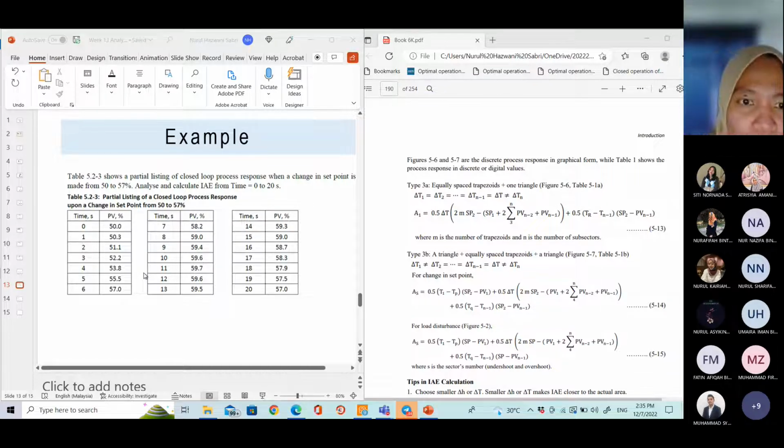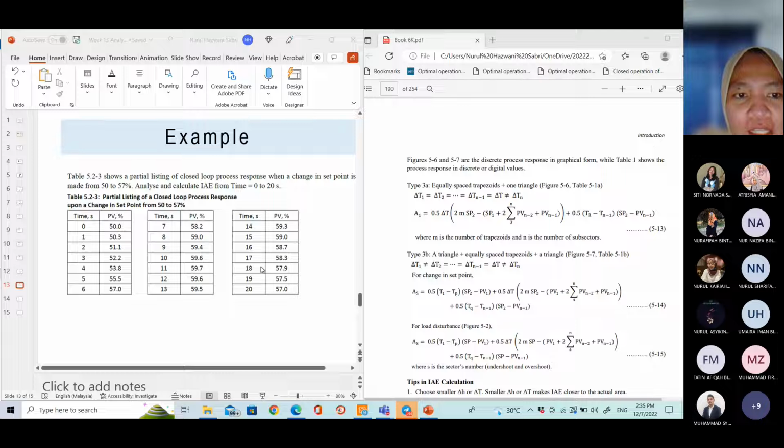N is 13, maybe. So how do you start counting, from 6 to 7? 6 to 7, 1. 7 to 8, 2. 8 to 9, 3. 9 to 10, 4. 10 to 11, 5. 11 to 12, 6. 12 to 13, 7. 13 to 14, 8. 14 to 15, 9. 15 to 16, 10. 16 to 17, 11. 17 to 18, 12. 18 to 19, 13. 19 to 20, 14.